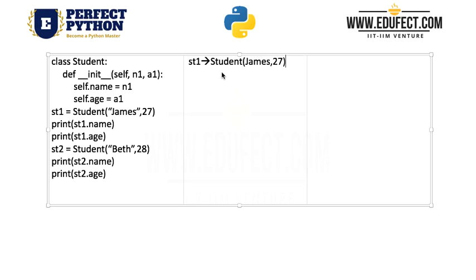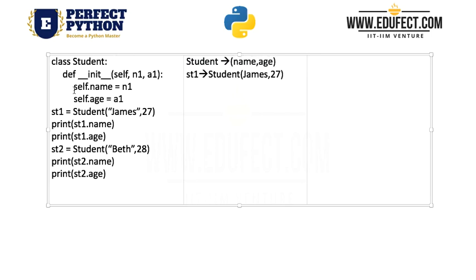And what will be the names of these attributes? If we define it slightly above, student will have two attributes, and the names of those attributes are name comma age.